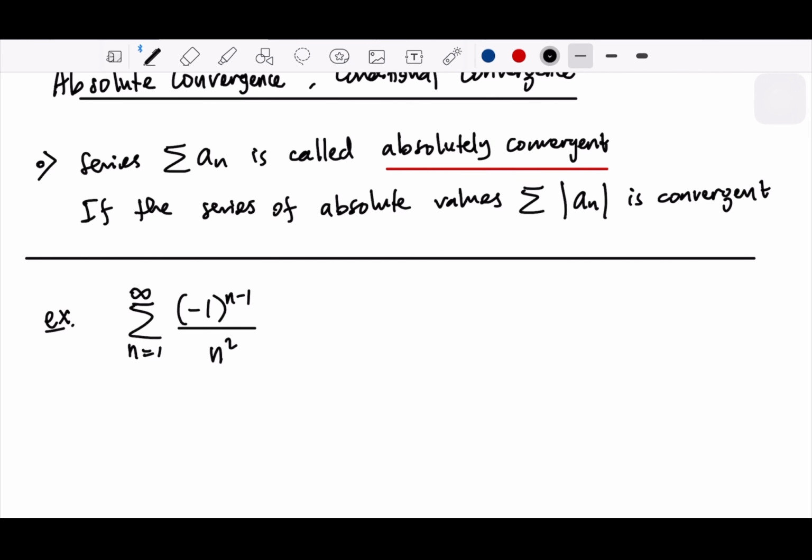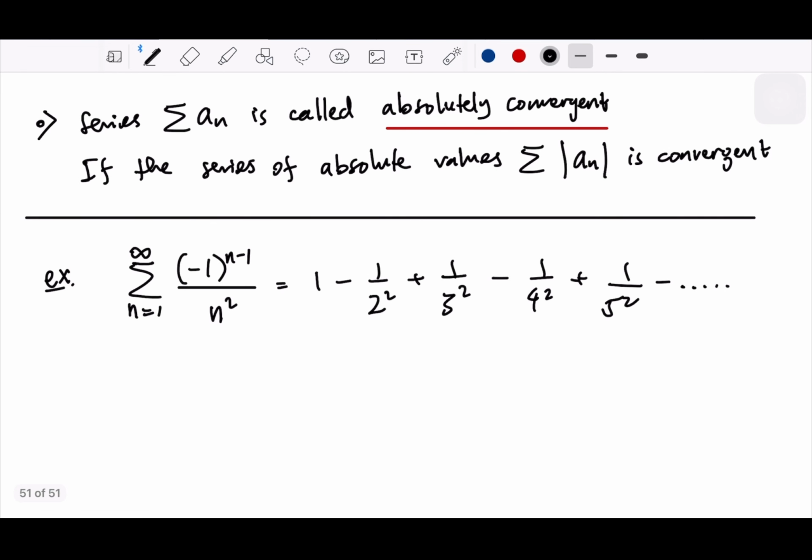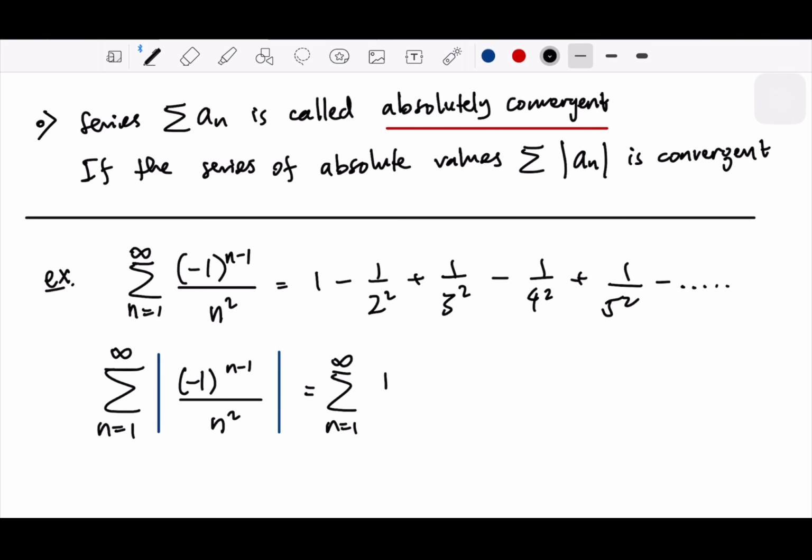let's start with 1 over n squared. If we look at the absolute value, then we will have just 1 over n squared.